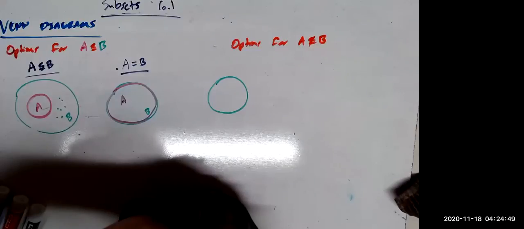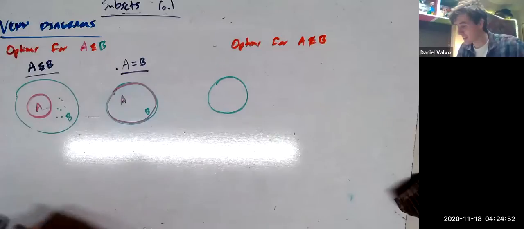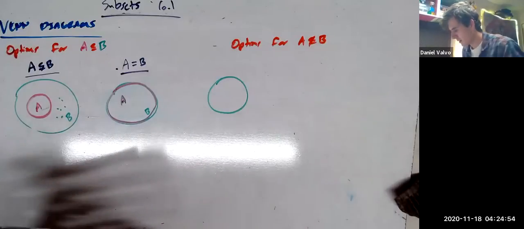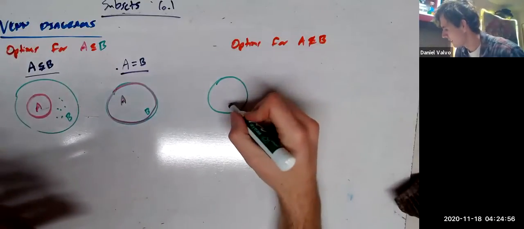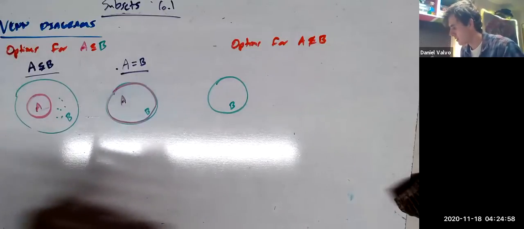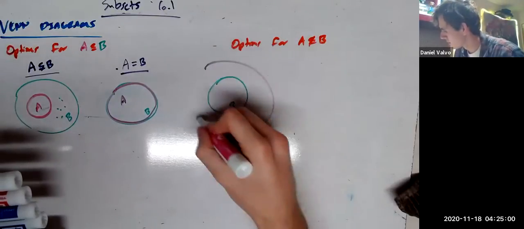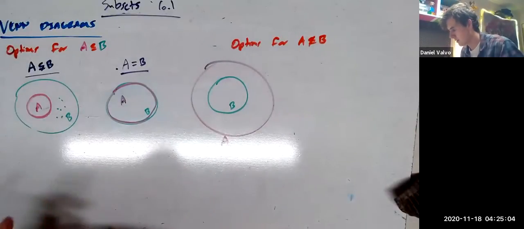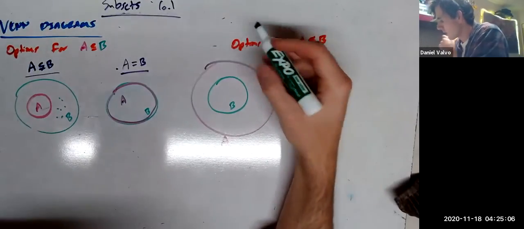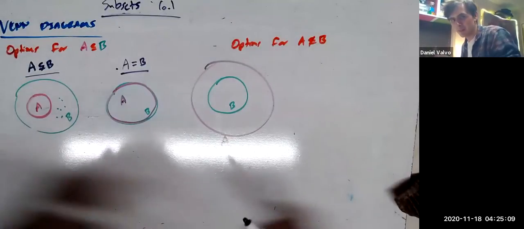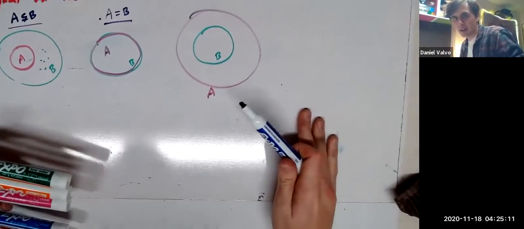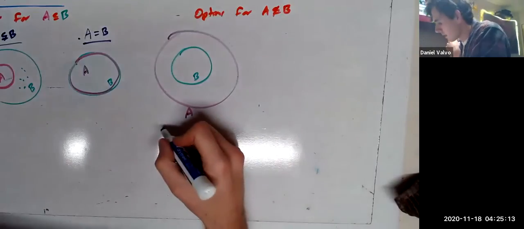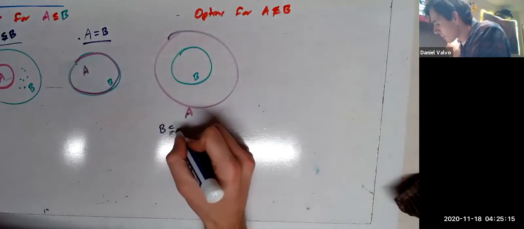B is smaller? Yeah, that would totally work. That's a good one. So if this is B, but A is even bigger, then this is our option. Here we're looking at B is a proper subset of A.